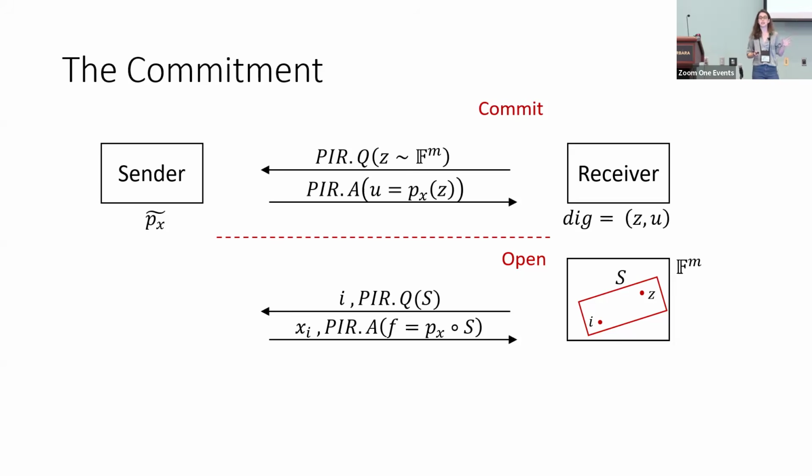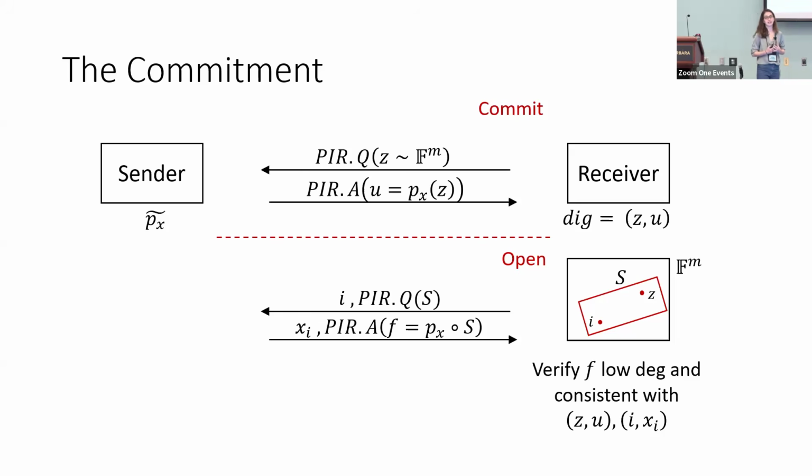Now, since P is a multivariate low-degree polynomial, the response should be a bivariate low-degree polynomial. So the receiver verifies that this is indeed the case, and it also verifies that the values are consistent with the value in the secret point z and in the index I. So this is the commitment.